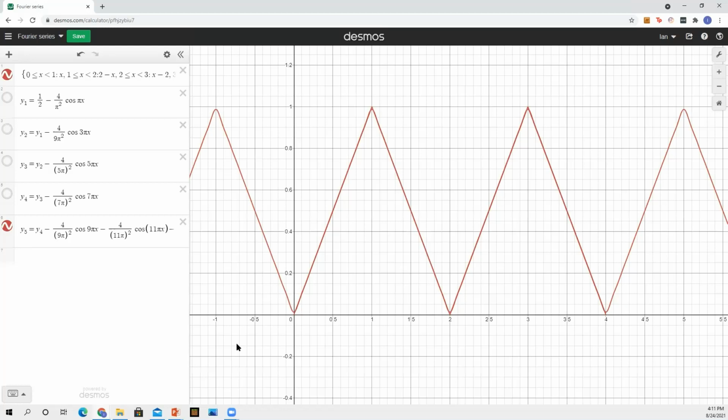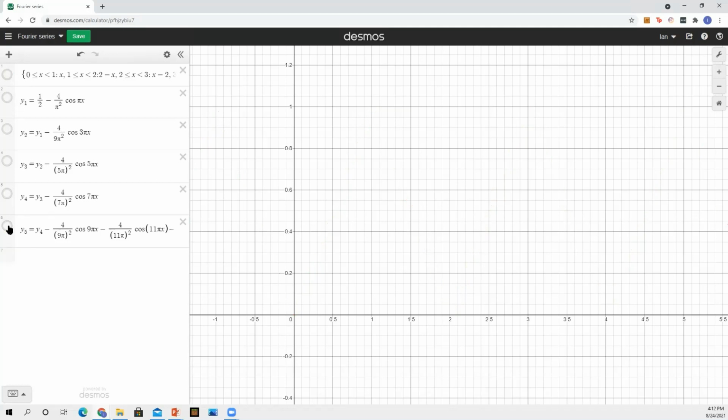Here we can see that this function that's made exclusively out of cosine functions is starting to look pretty good compared to our function that only has straight lines. Going back to our original function, we just have straight lines.